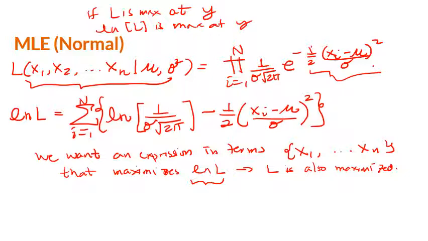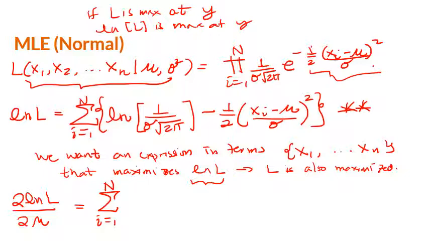Okay, so let's now obtain yung critical number. Let's label this as star. So let's evaluate yung derivative ng ln L with respect to mu. Yung first term ng summation, since wala ka namang mu dyan, 0 yan. So this becomes summation of i from 1 to n, 0 yung first term, so yung second term na lang yung titingnan natin. Ang mangyayari is negative 1/2 times (x sub i minus mu over sigma) squared. So let's take the first derivative.